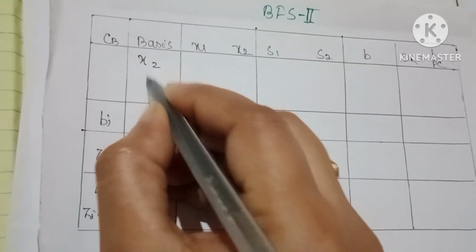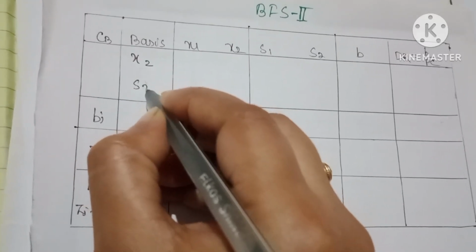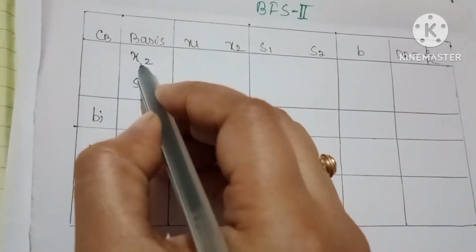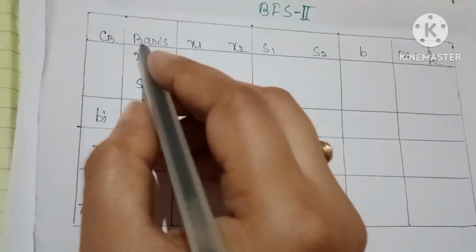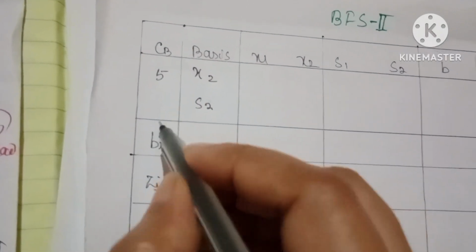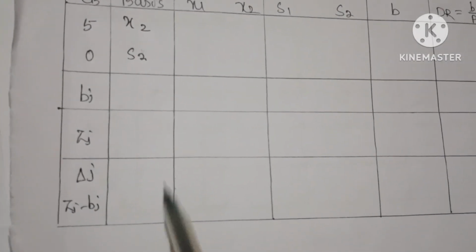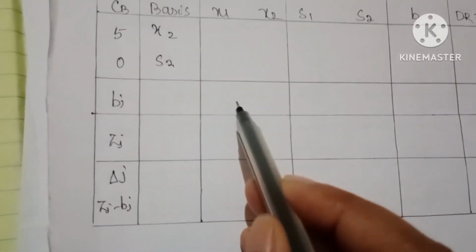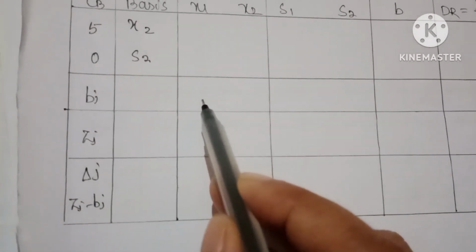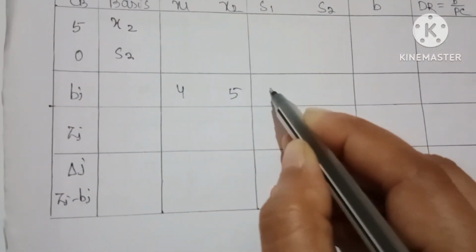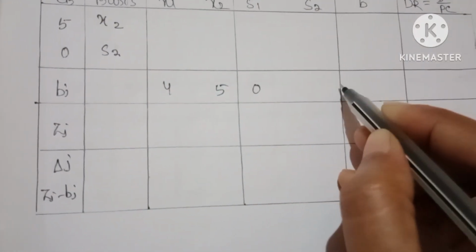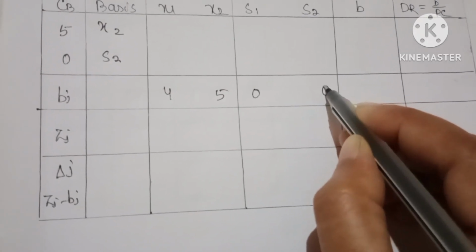So here we'll write x2 and s2, and as you know the coefficient of x2 is 5 and the coefficient of s2 is 0. Here we'll write the coefficients of the objective function: x1 is 4 and x2 is 5, and for s1 it is 0 and for s2 it is 0.